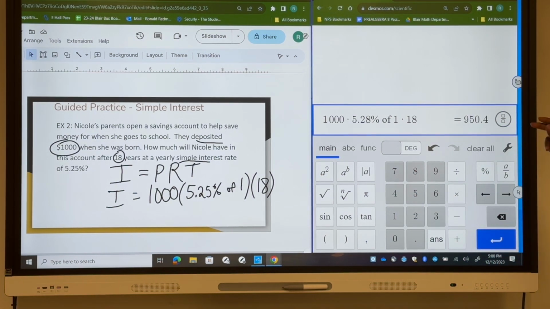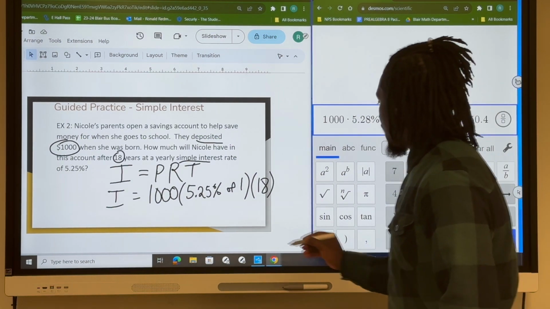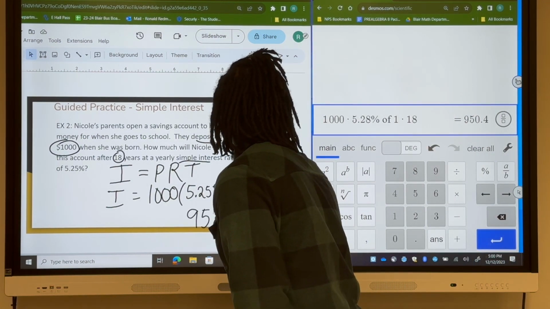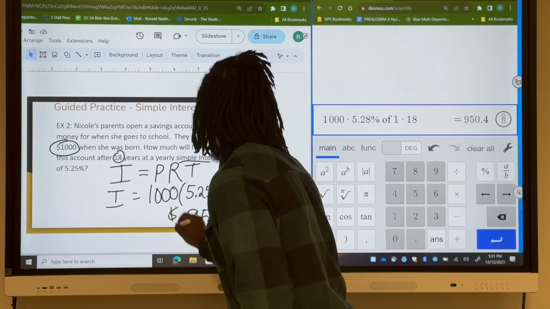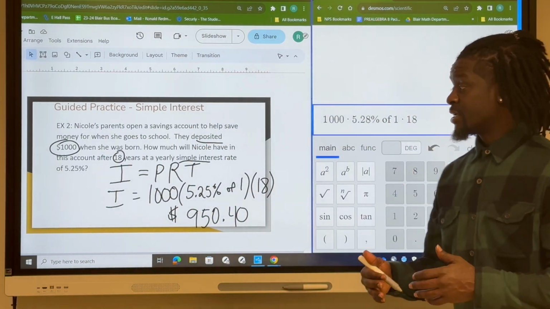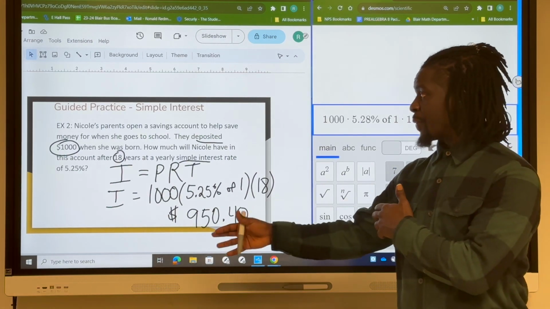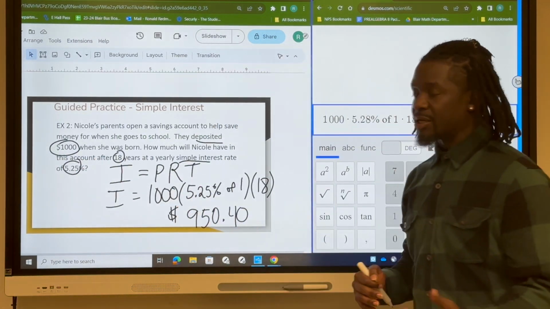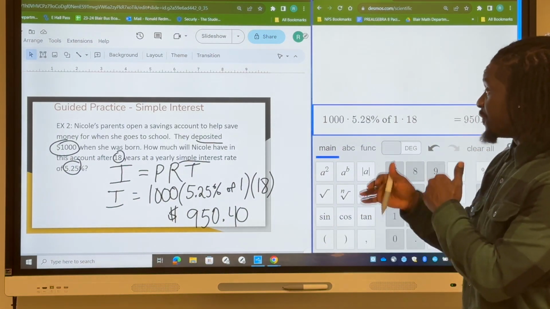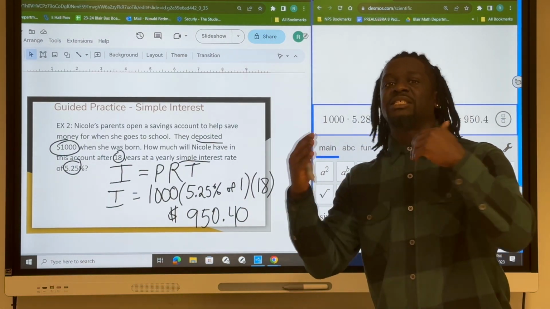So 5.28, and that gives me $950.40 as interest. So a person would make $950 off of this account in 18 years.